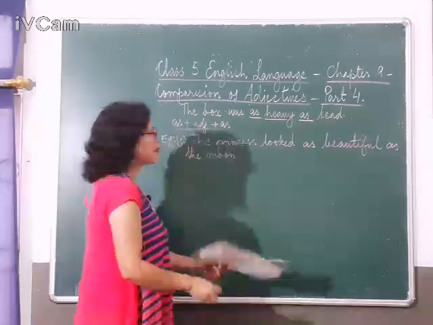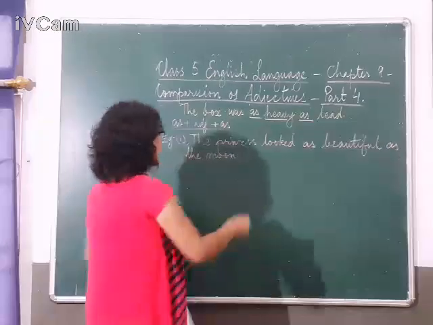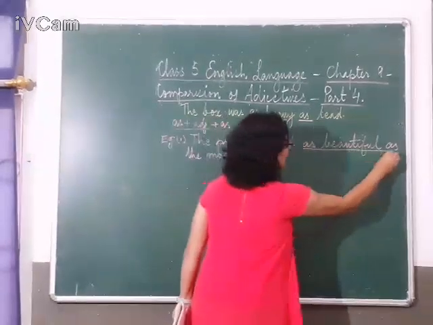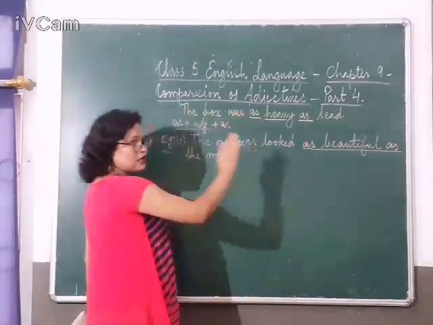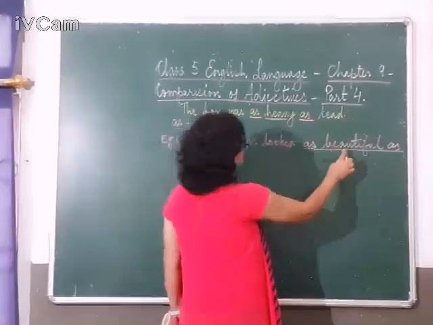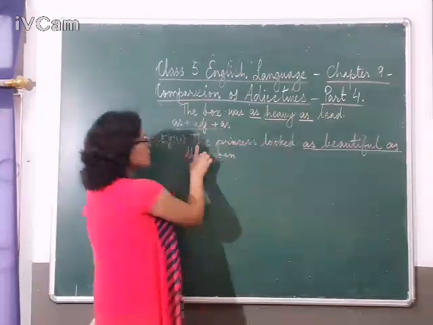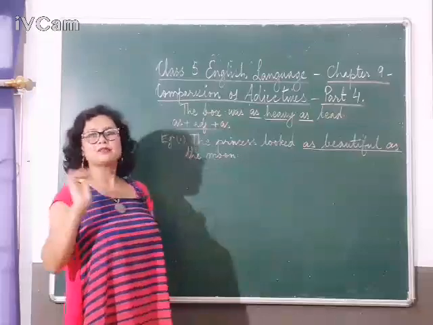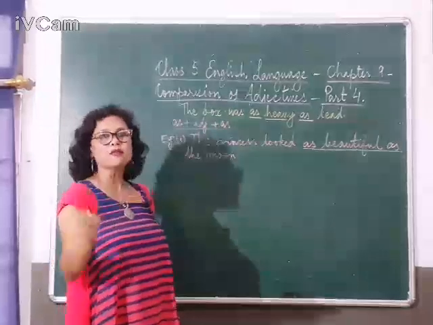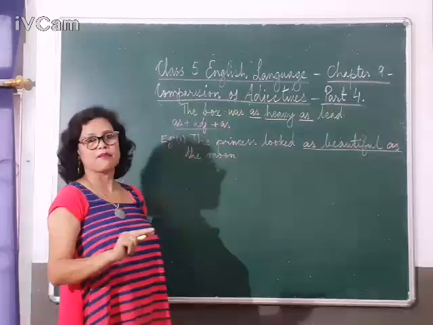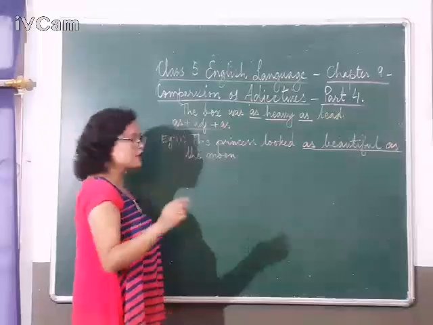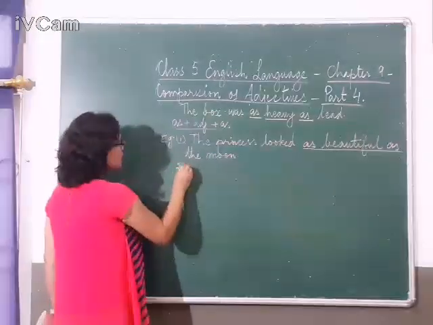Here, the comparison between the princess and the moon, they look as beautiful as. That means they are equal in beauty. See, the same pattern, as plus adjective plus as. So, the princess looked as beautiful as the moon. When you compare the princess with the moon, they look the same. Their beauty is equal.